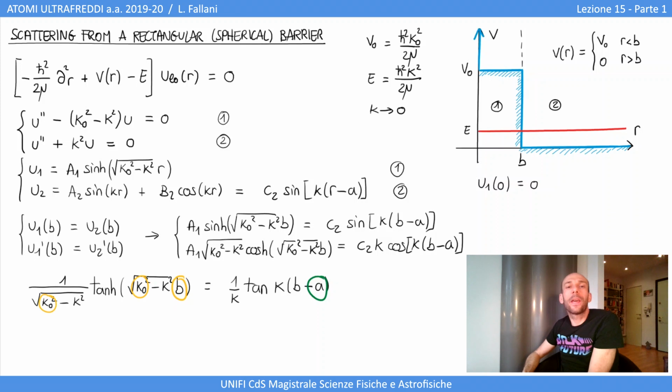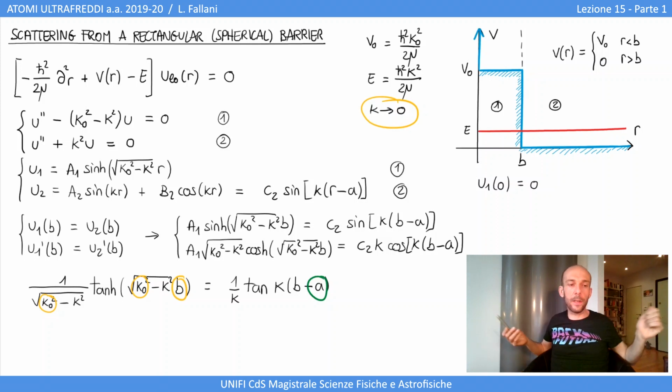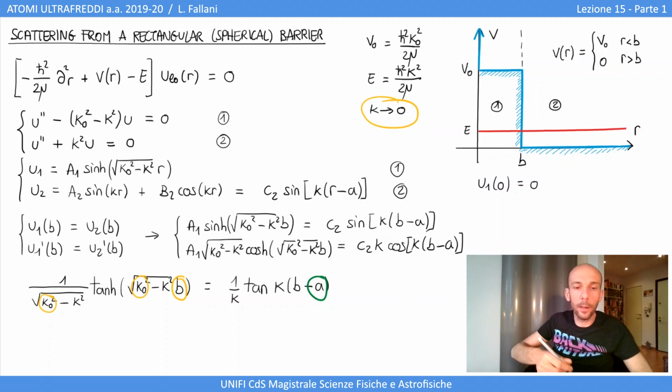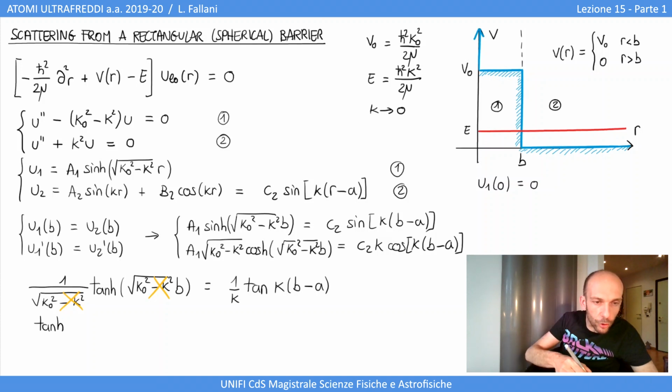What is left is k, but we know that we have to take the limit k that goes to 0, and this is easy because, at least at the left hand side, we can put these two terms to 0, and so we get simply hyperbolic tangent of k0b divided by k0.